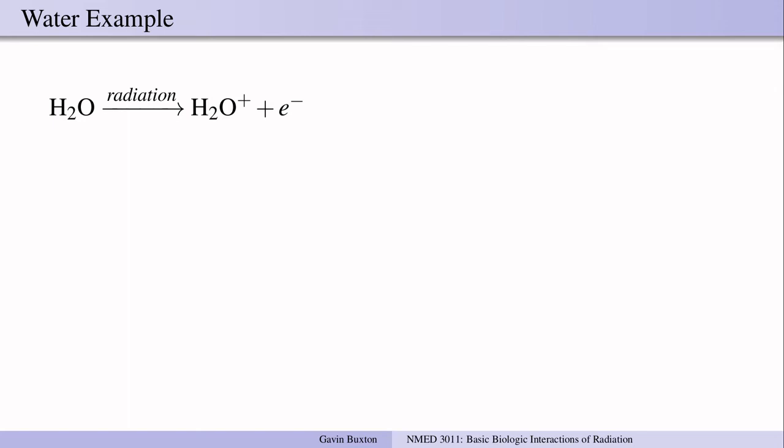Now, these ion radicals are extremely short-lived, so they only generally survive on the order of 1 × 10⁻¹⁰ seconds. But during that time, they can react with other water molecules. And if they do that, then they produce hydronium, which is H3O, and a hydroxyl radical, where the unpaired electron in the outer shell of the hydroxyl radical is represented by the big dot. And you may have seen this in chemistry, I'm not too sure.